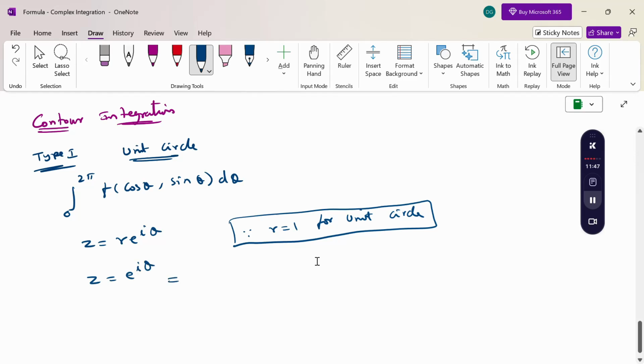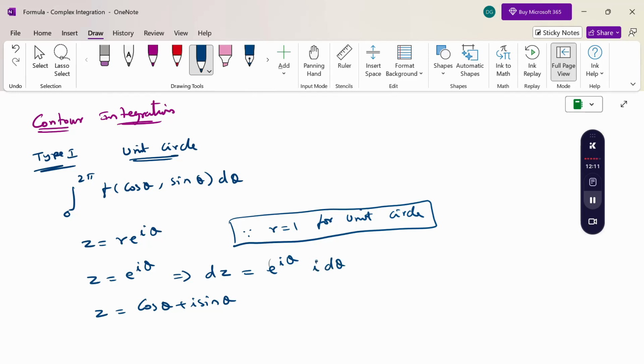Now when we differentiate, dz equal to e power i theta into i d theta.